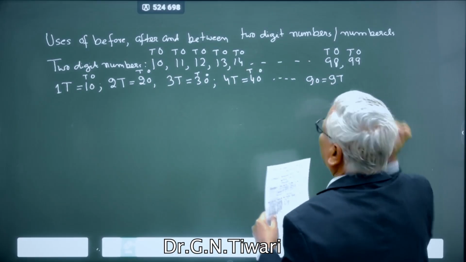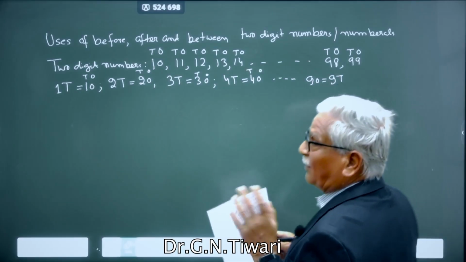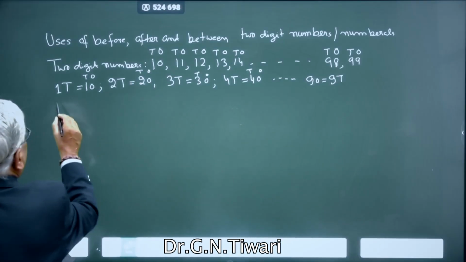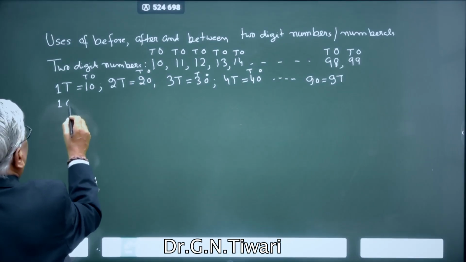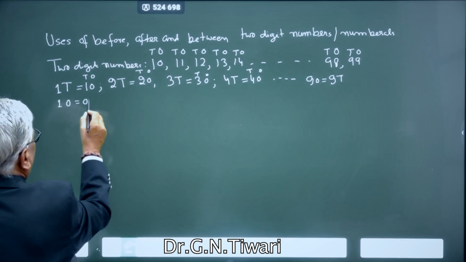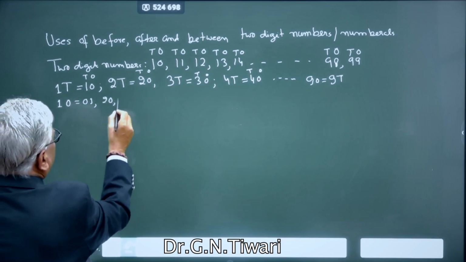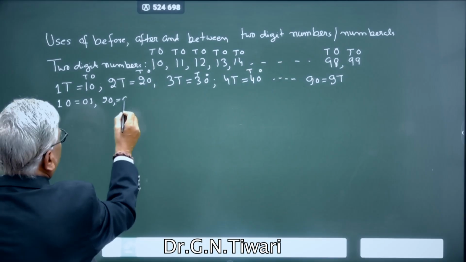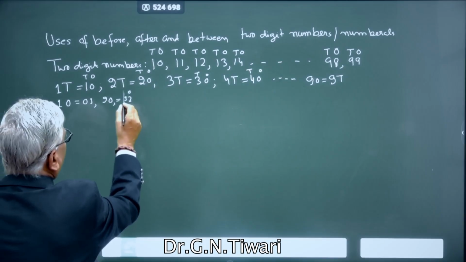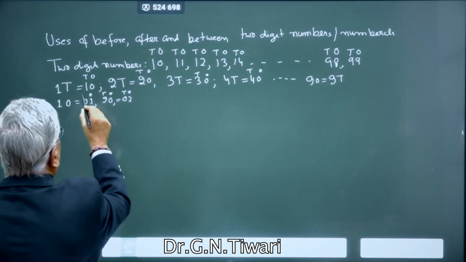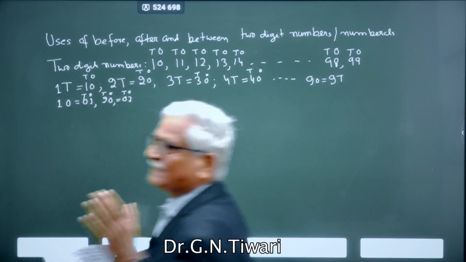So this is a very, very important parameter. Now again, once you are going for ones, then similarly 1O means 0, 1. 2O means 0, 2. Here O, T, O, T, O, T, because in a ones number, tens is 0.